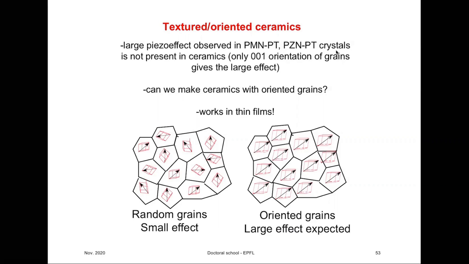I also mentioned that if we manage to make ceramics, polycrystalline material, with textured grains, so that polarization or direction in which material is piezoelectric is all, or in the majority of the cases, oriented in the same way, then we can in principle make any material piezoelectric.